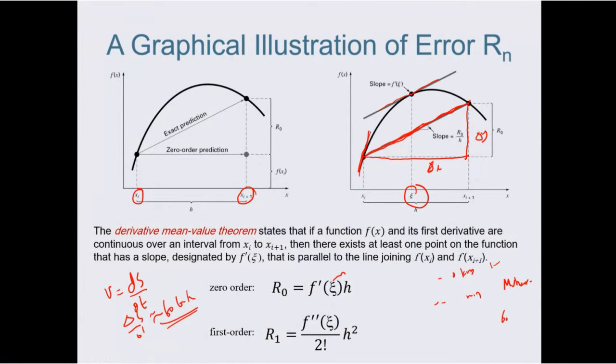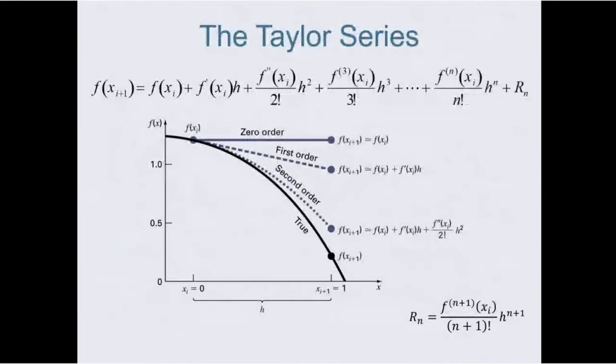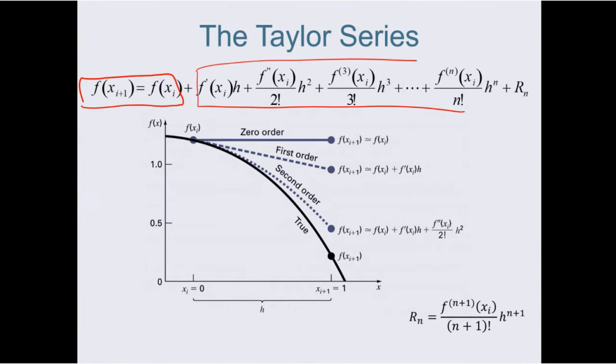Now, if you take a zero order approximation, then the remainder term that you are going to have, I'll go back to the theorem. If you take a zero order approximation, then all this goes as a remainder term. So remainder term for R0 is going to be f of 0 plus 1, which is the first derivative, divided by 0 plus 1 factorial, which is 1, and h to the 0 plus 1 is h.